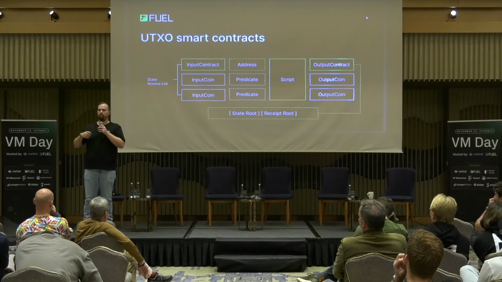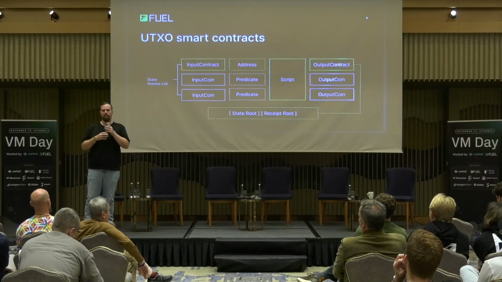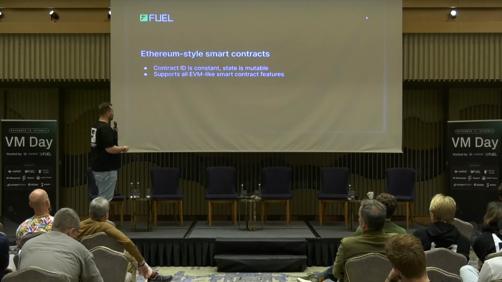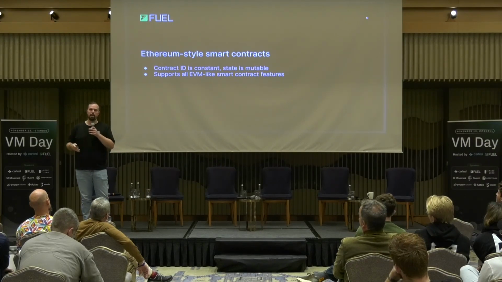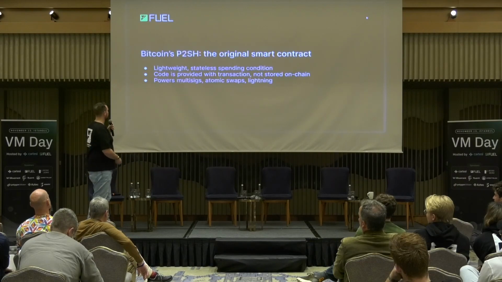And so that gives you that malleability while still having all of the niceties of a state access list system like Fuel. So yes, we can do Ethereum-style smart contracts, and again, state is malleable, et cetera. And it supports all the things that you like about doing EVM-style smart contracts, but doing it in a way that, again, can be parallel processed.